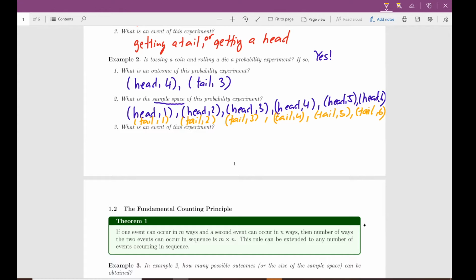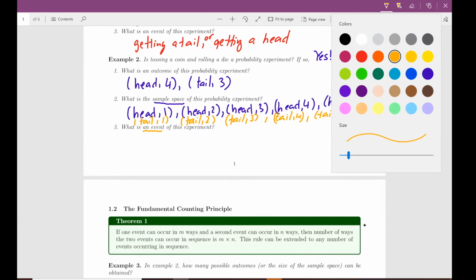So these are all the possible outcomes for this experiment, tossing a coin and rolling a die, okay? And the total number of possible outcomes that you can count is 12, okay? So the next question is, what is an event of this experiment?